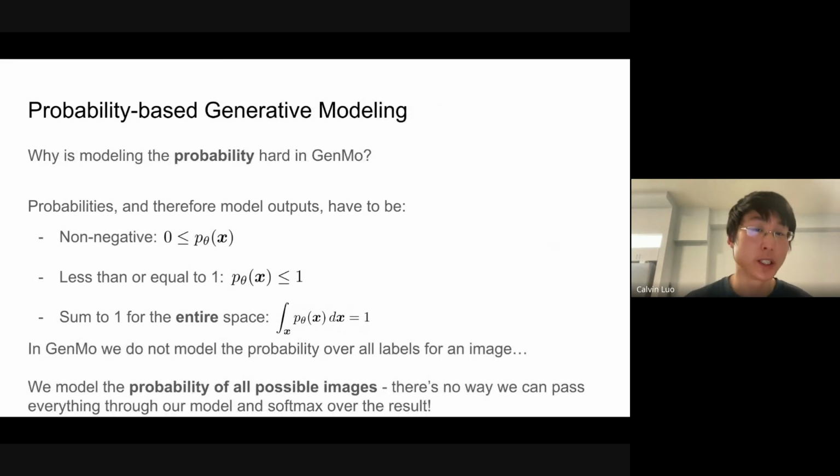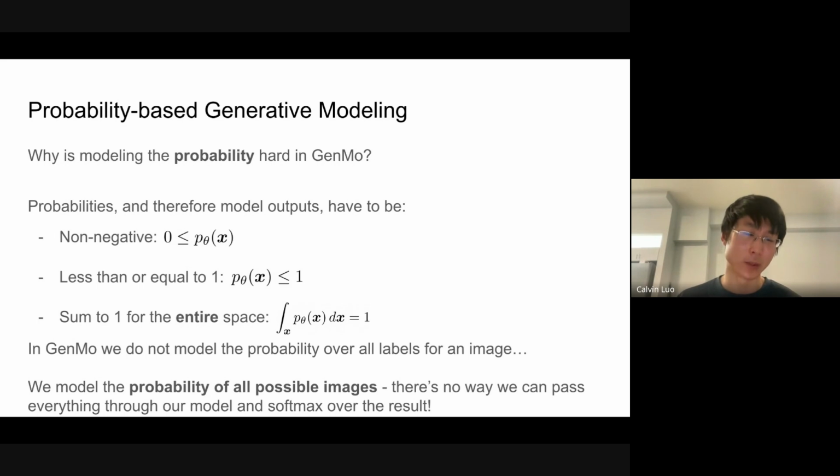But why is modeling probability hard in generative modeling? Well, in generative modeling, we're not modeling a probability over all labels for an image for a fixed set of labels. We're modeling the probability of all possible images occurring at all, right? Some images should have high probability of occurring, but maybe a very noisy garbage image should have low probability. Right? In generative modeling, we're trying to model a probability of all possible images.